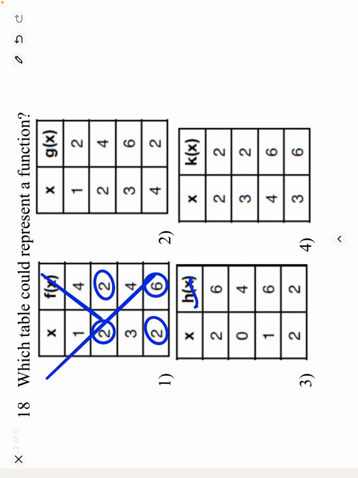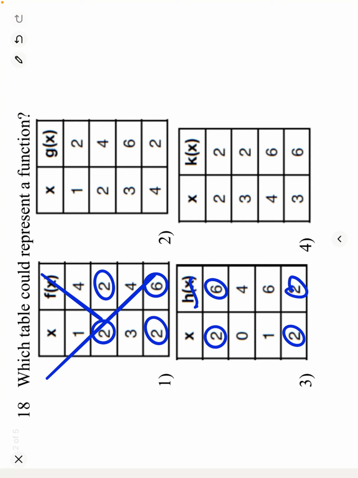Let's look at the h of x and see if that is a function. It has the same issue. You have an input of 2, you have an input of 2, but the outputs are different. Right? So whenever you press the 2 key, you should get Lay's potato chips. You shouldn't get Lay's potato chips and then get a Snickers bar, right? When you press that key, you should always get Lay's potato chips.